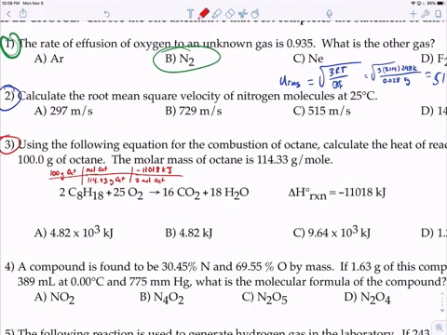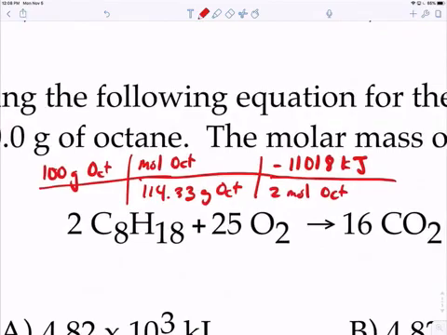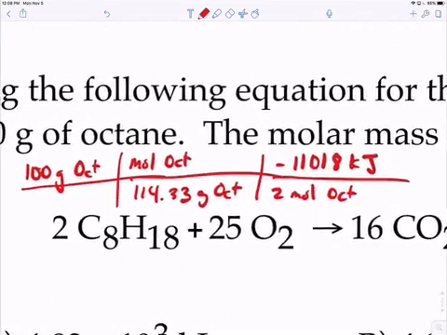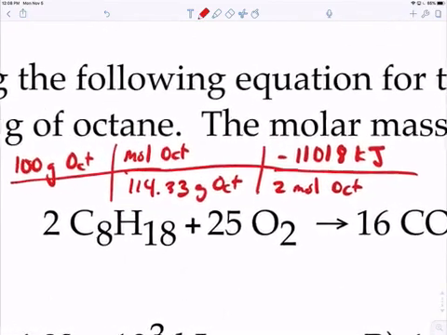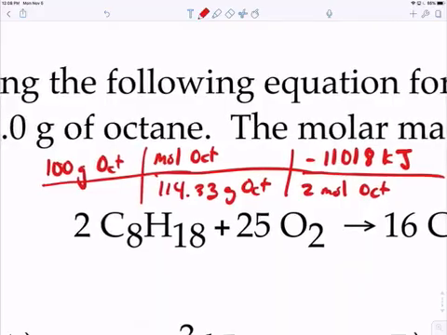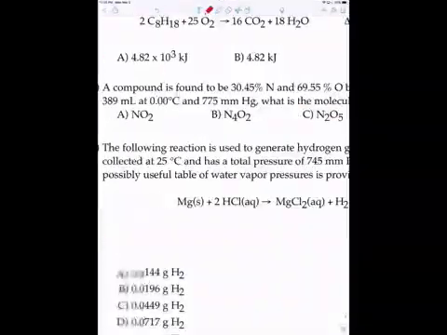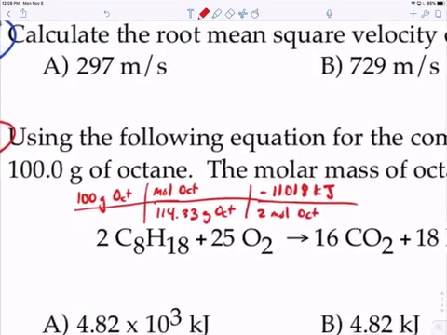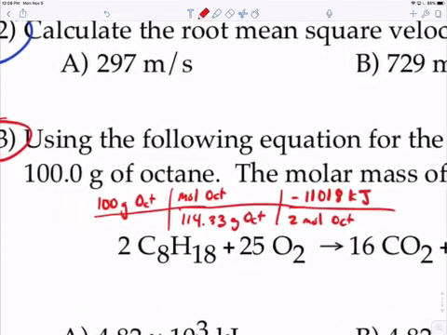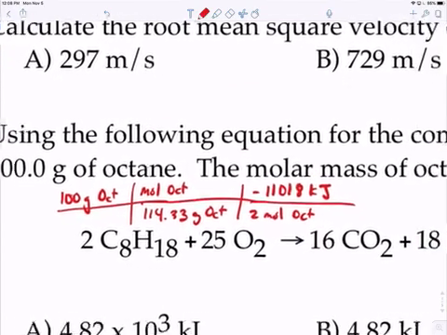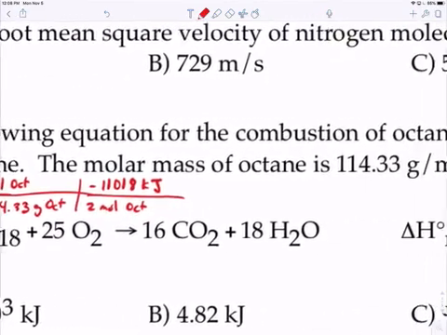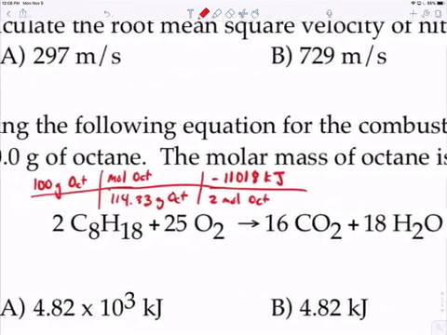Can you see that? I guess you can't. Okay. All right. I'm just doing it over here. So 100 grams of octane, 1 mole of octane to 114.33 grams right there.